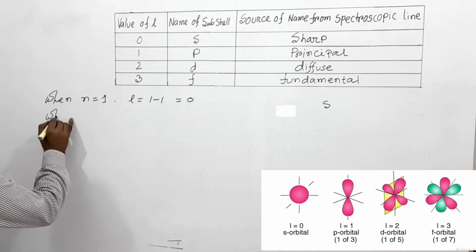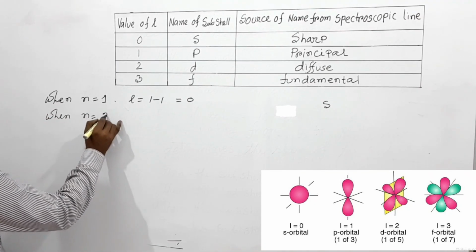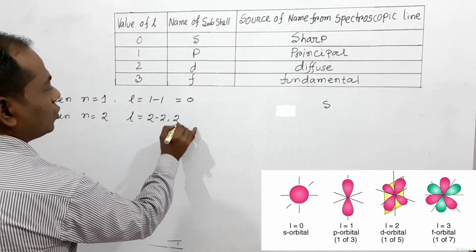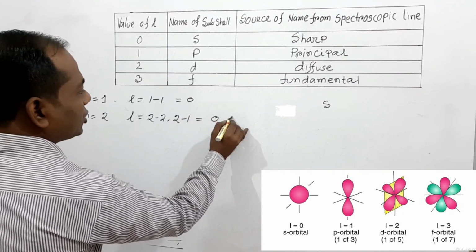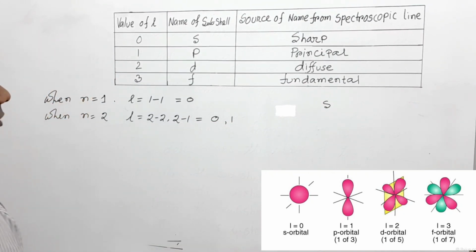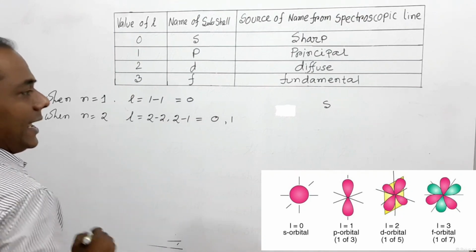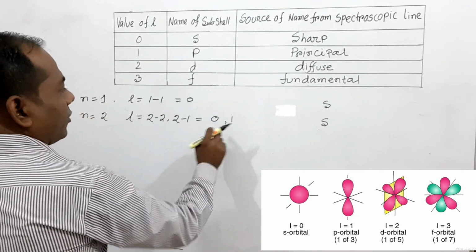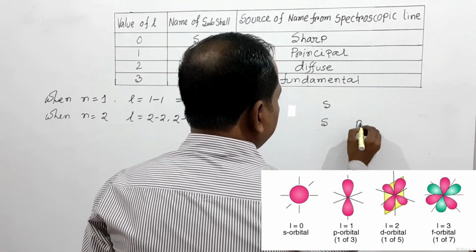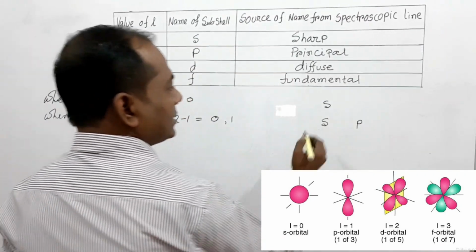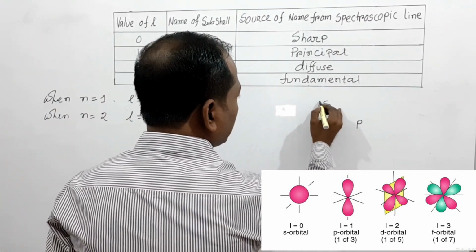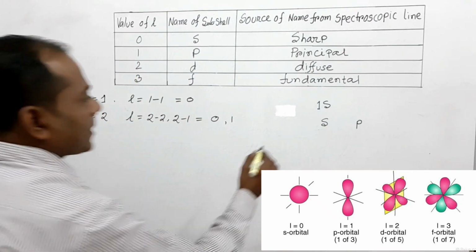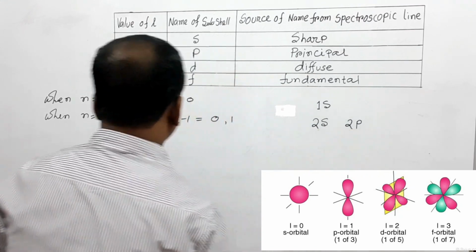Now, when n equals 2, then the value of L equals 2 minus 2, 2 minus 1, that means 0, 1. And for the value 0 of L, we get S orbital, and for L equals 1, we get P orbital. Here we have to write the principal quantum number too: 2s, 2p.